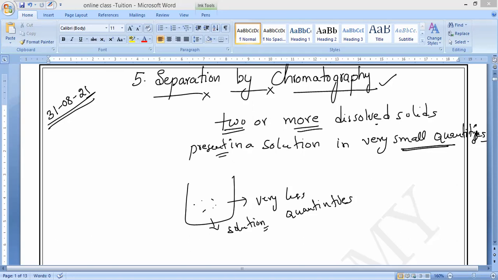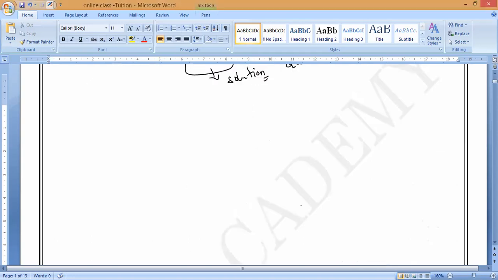But here, in class 9, we are not using those different kinds of chromatographs. There are many types of chromatography, but we will use the simplest form, paper chromatography. The simplest chromatography is called paper chromatography.